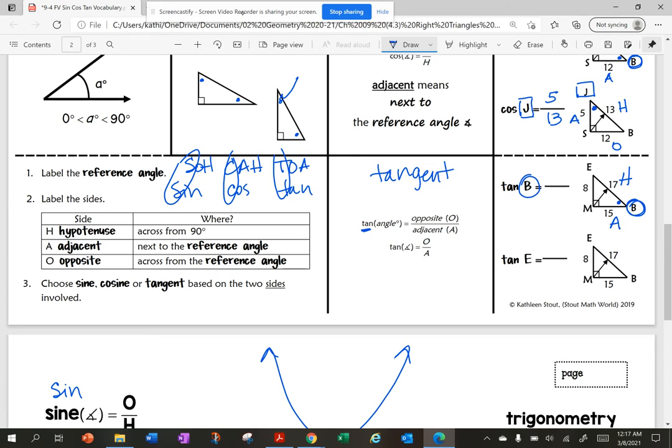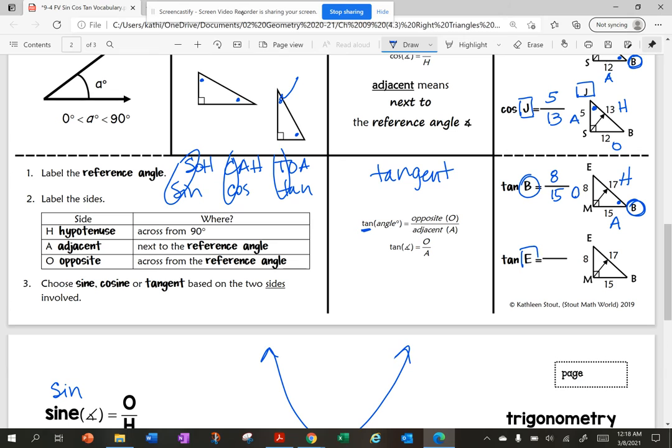My adjacent leg is 15, and my opposite leg is 8. And tangent by definition is opposite divided by adjacent. So opposite is 8 divided by adjacent 15.